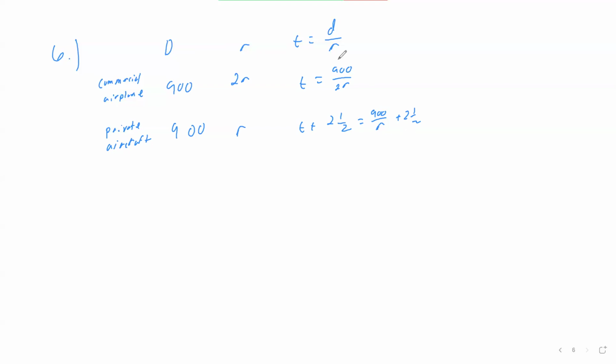So what I can see is that this would equal this, just like last time. So this would be 900 over 2r equals 900 over r plus, I'm going to convert this into a decimal, 2.5.